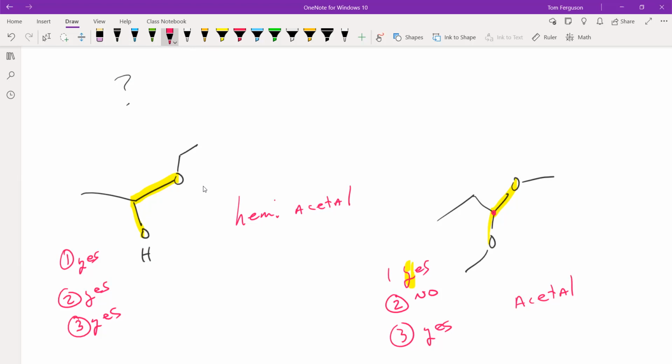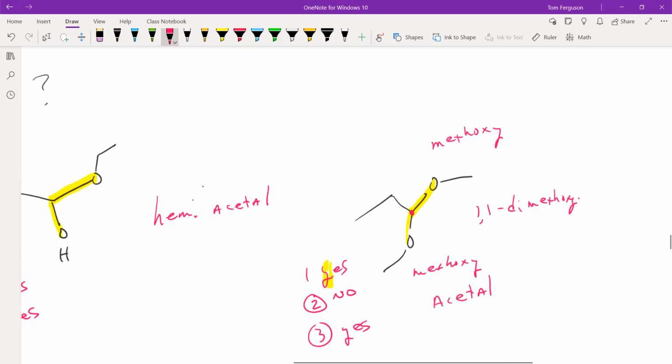The way you would name this guy, this is a methoxy. This is a methoxy. So this is going to be a 1,1-dimethoxy.